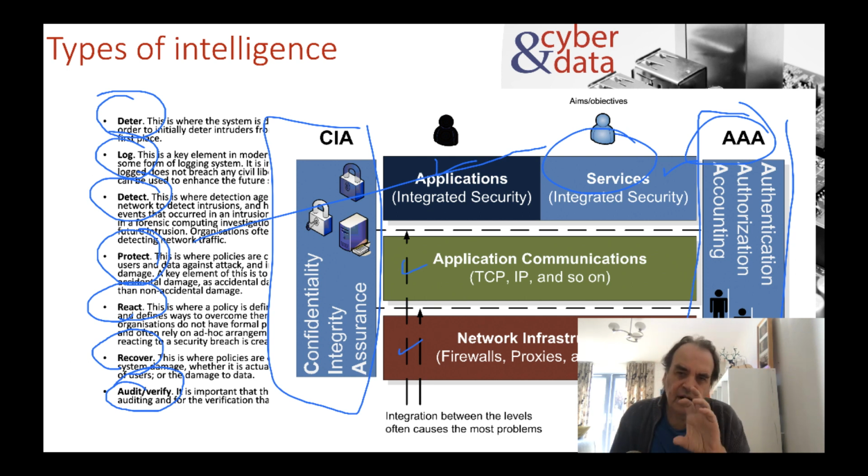But all of our infrastructure is secure. So if an application is talking to a service, we make sure that it's completely integrated. A problem often happens in the integration between these different layers, between the network infrastructure and the communication protocols and the services and so on. So we need to make sure that we glue the whole infrastructure together and make sure that it's all safe.